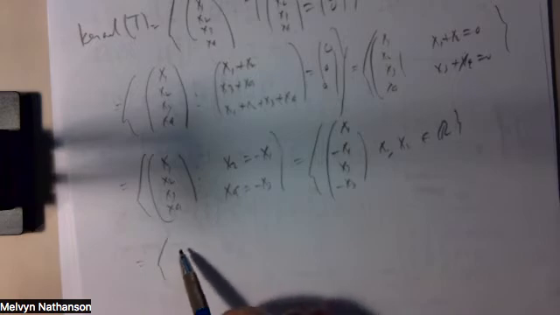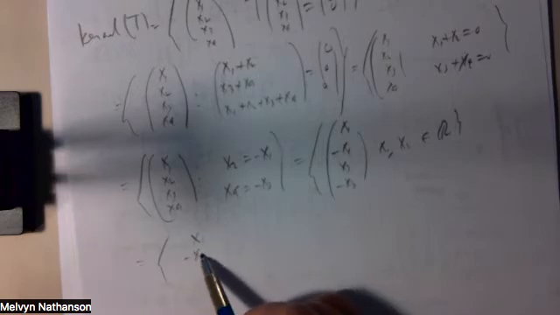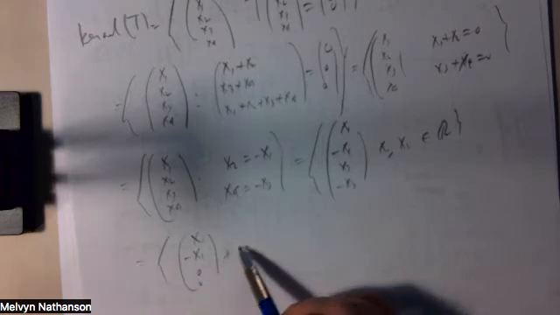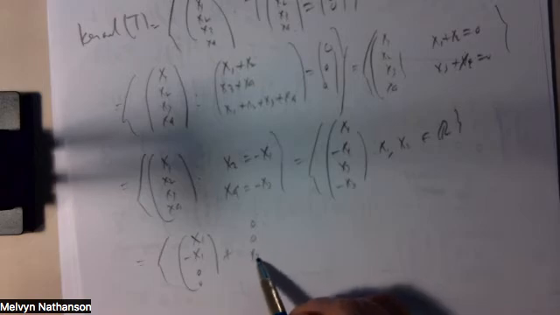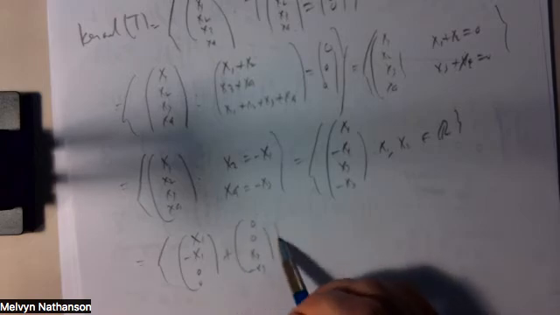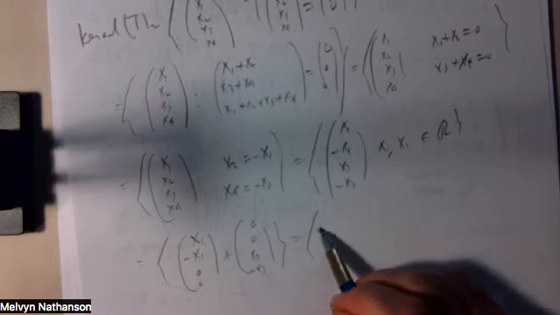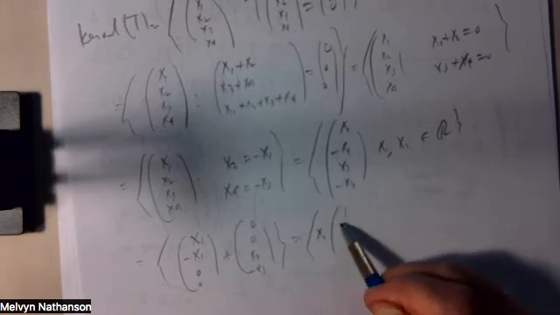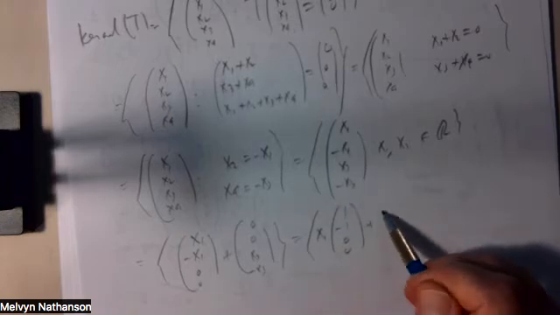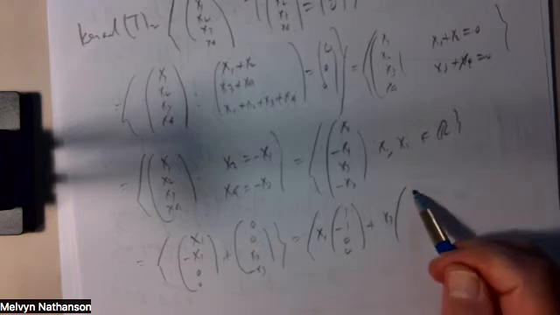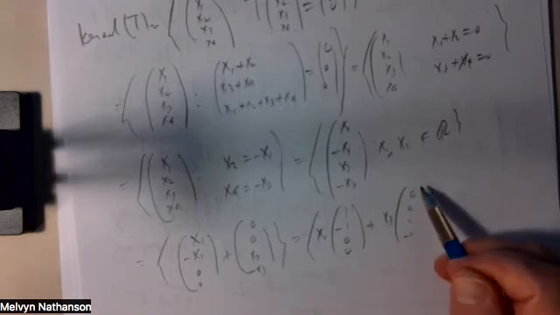And I can write this, I'll do it in several steps, as x1, minus x1, 0, 0, plus 0, 0, x3, minus x3, all such vectors, which really means all linear combinations of the vectors 1, minus 1, 0, 0, and 0, 0, 1, minus 1.